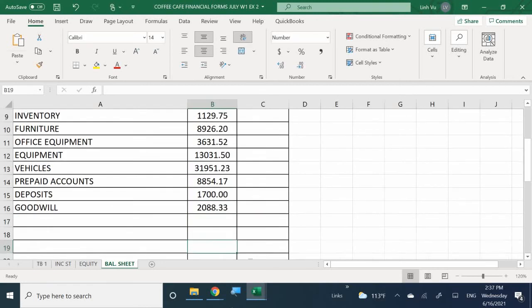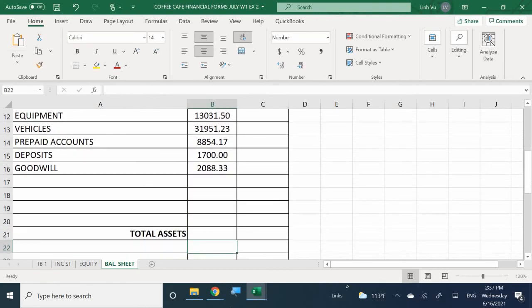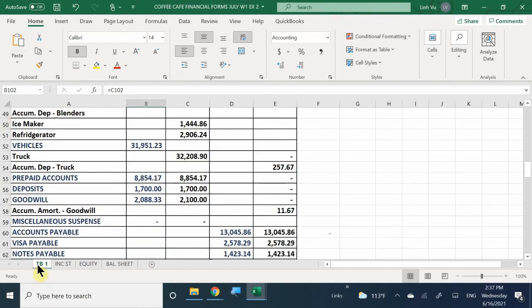Okay. And is that it for assets? Yes. Okay.